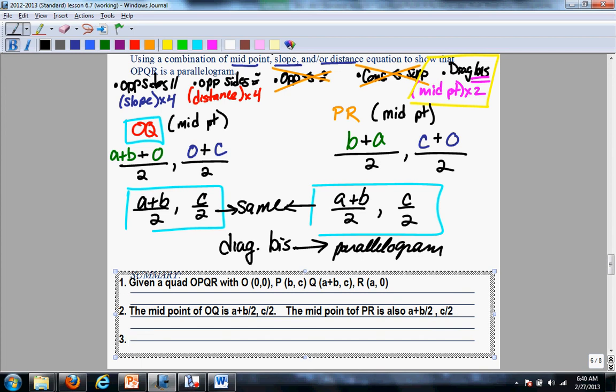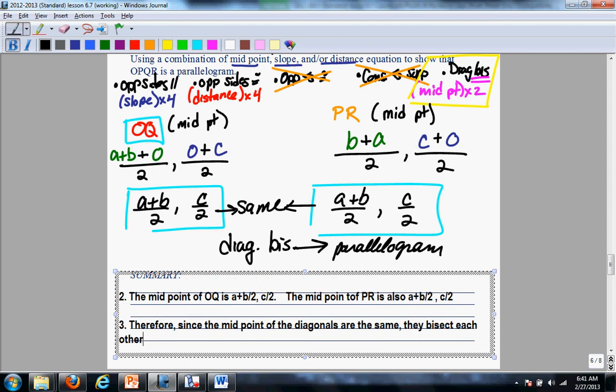Therefore, since the midpoints of the diagonals are the same, they bisect each other. And if they bisect, then OPQR must be a parallelogram.